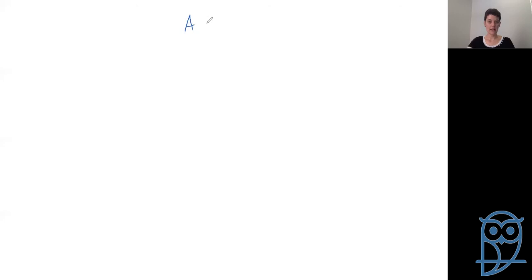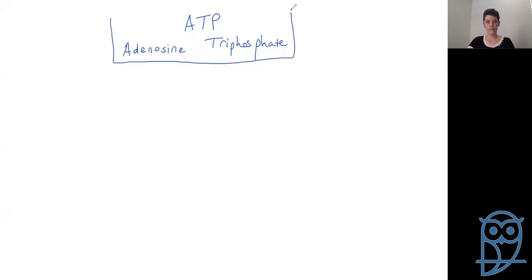Let us consider ATP. Full name, adenosine triphosphate. So it's our energy currency, and we've said it's constantly recycled. Let's have a look at that in a bit more detail.